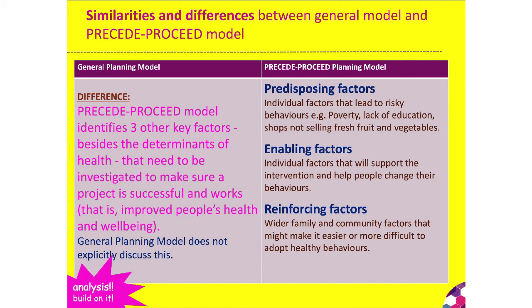And reinforcing factors are the wider family and community factors that might make it easier or more difficult to adopt healthy behaviours. So the PRECEDE-PROCEED model identifies three key factors besides the determinants of health, or as part of the determinants of health, that need to be investigated to make sure a project is successful and works to improve people's health and well-being. Again, the general planning model does not explicitly discuss this.